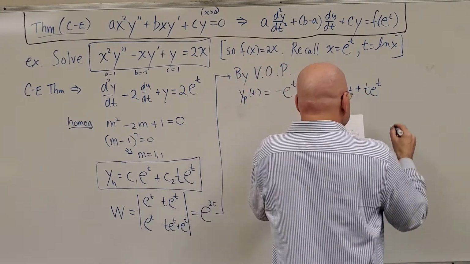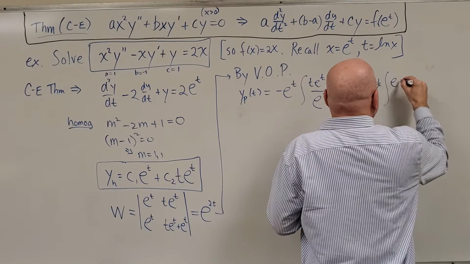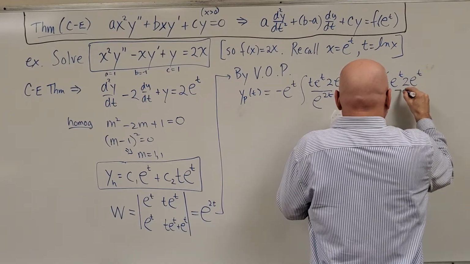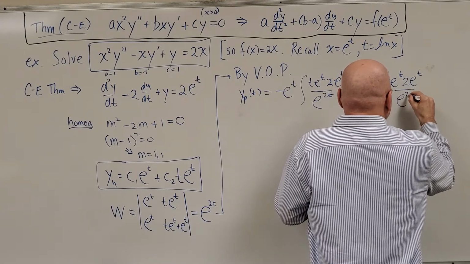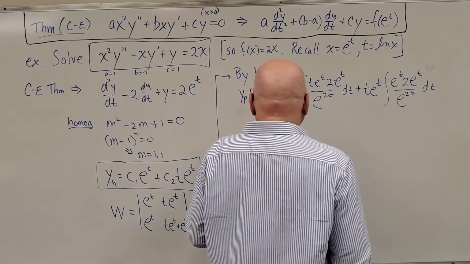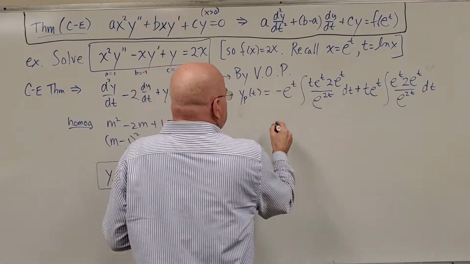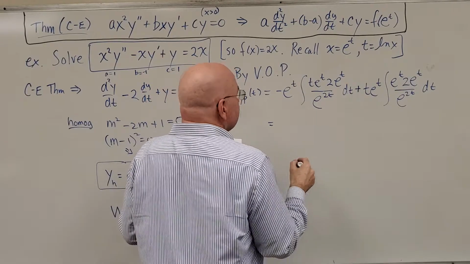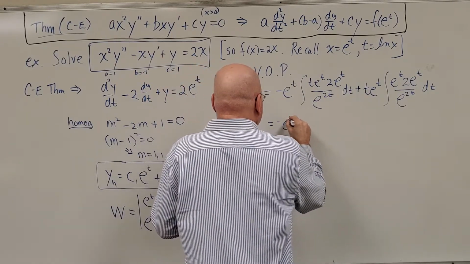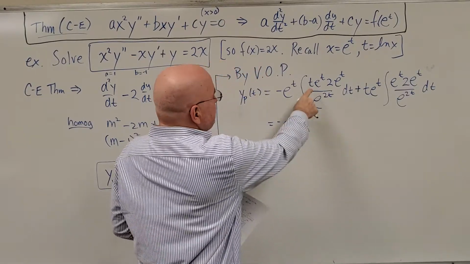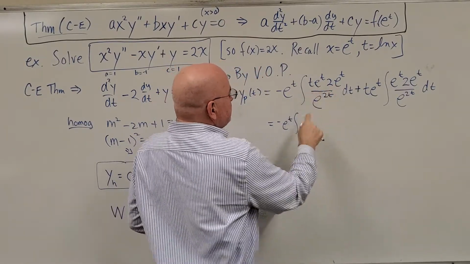t e to the t times the integral of e to the t, 2e to the t over e to the 2t dt. Okay, and that's equal to, I'm going to write a little bit smaller now, negative e to the t times the integral of, well, notice that e to the t times e to the t is e to the 2t.